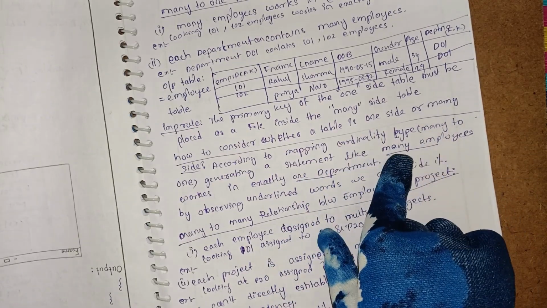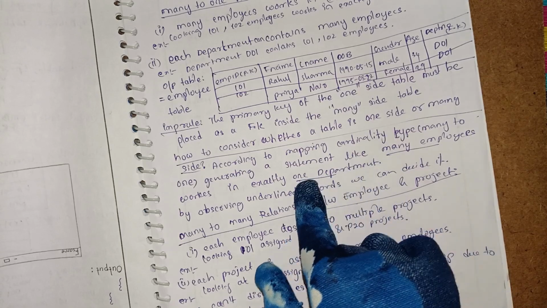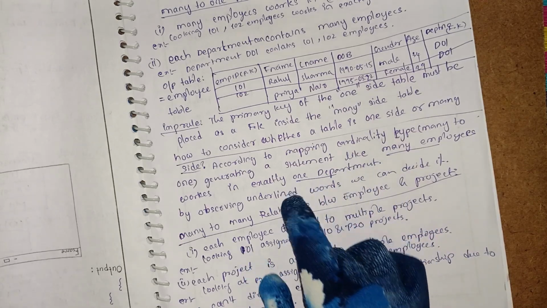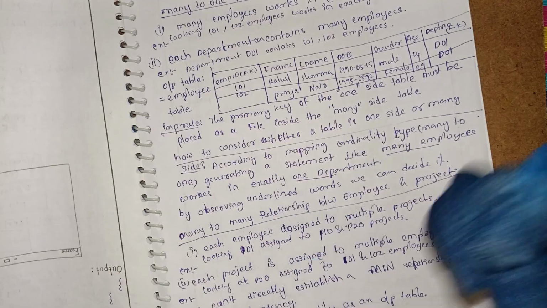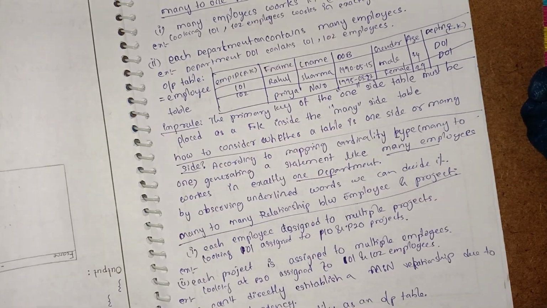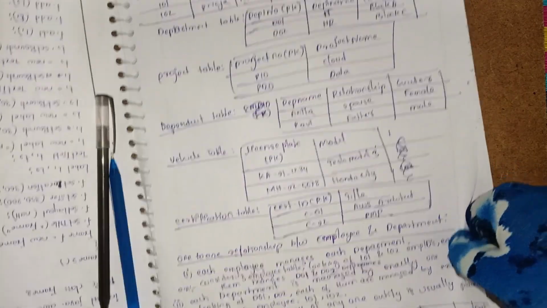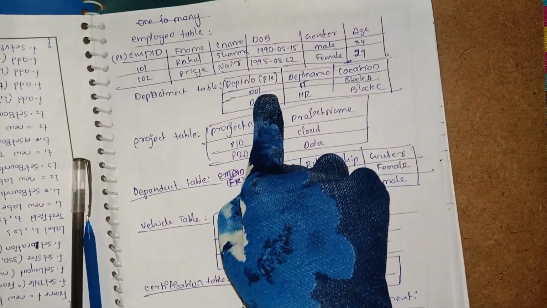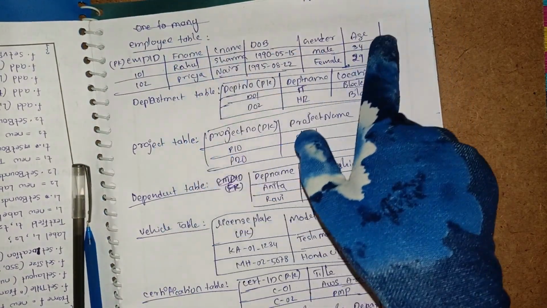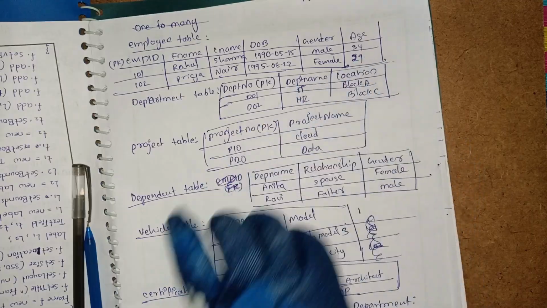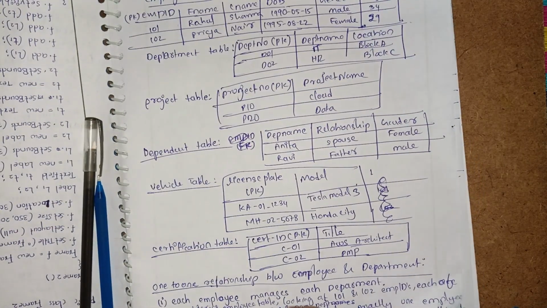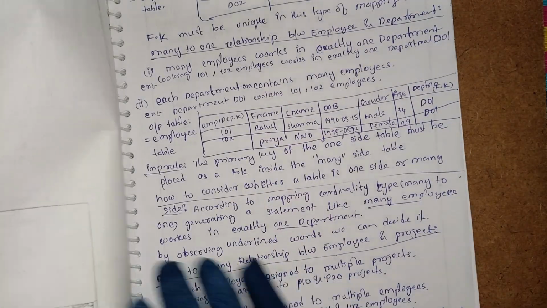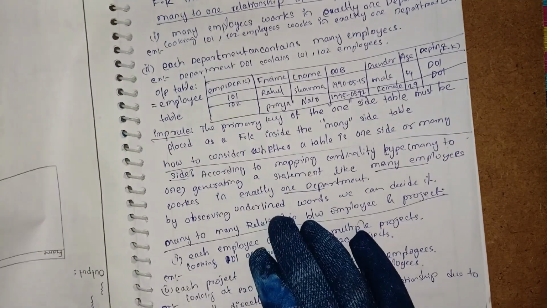So the employee table is the many side and the department table is the one side. So we place the primary key of the department table, that is department number, in the employee table as a foreign key, because the department table is the one side and the employee table is the many side.